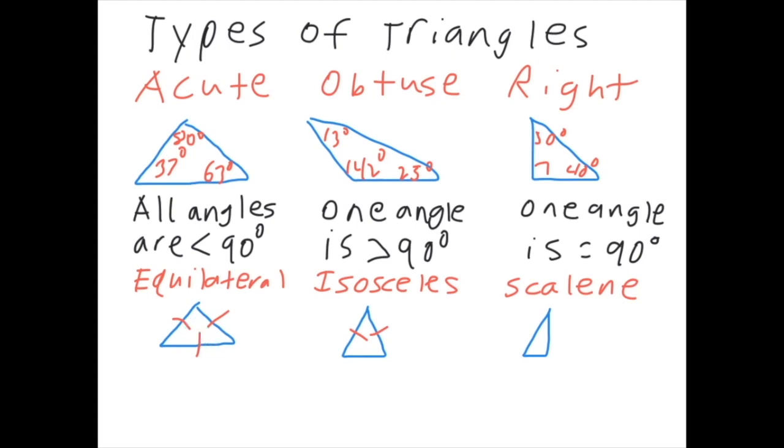So remember when you see marks like these, it's saying that this line is the same as this line is the same as this line. So an equilateral triangle has all sides equal or congruent.